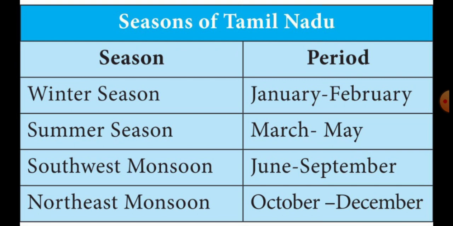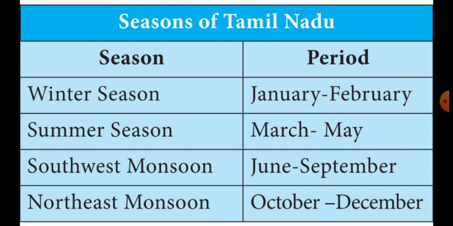Winter season, the period is January to February. Summer season, March to May. Southwest monsoon season, June to September. Northeast monsoon season, October to December. Okay, this is one of the important 2-mark questions in the book.